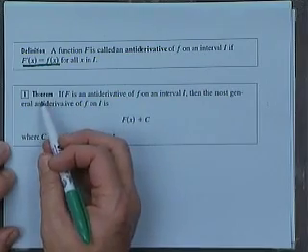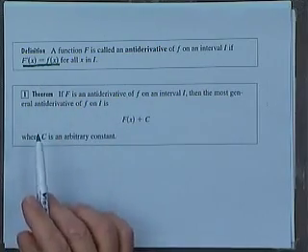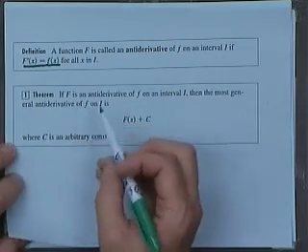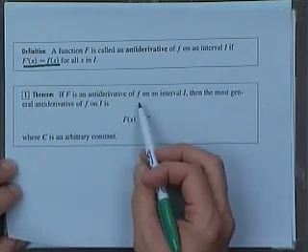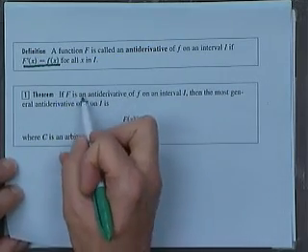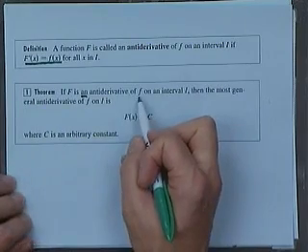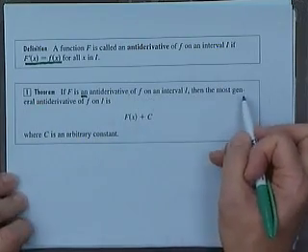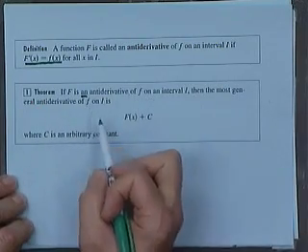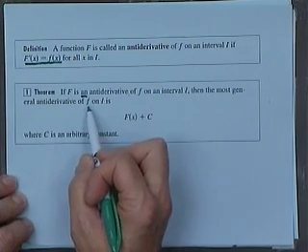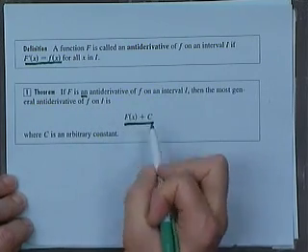Theorem, and the difference between a theorem and a definition is that this theorem requires some proof. If capital F is an antiderivative, notice an antiderivative, which means there are a lot of potential antiderivatives of lowercase f on an interval, then the most general antiderivative of lowercase f on this same interval is exactly what we did.